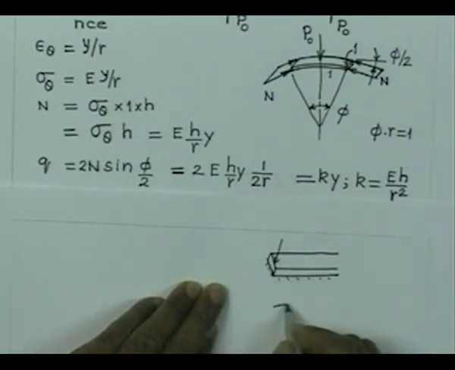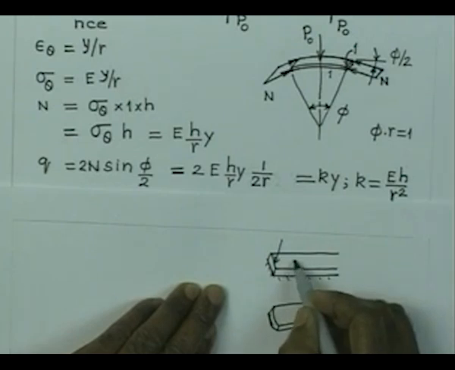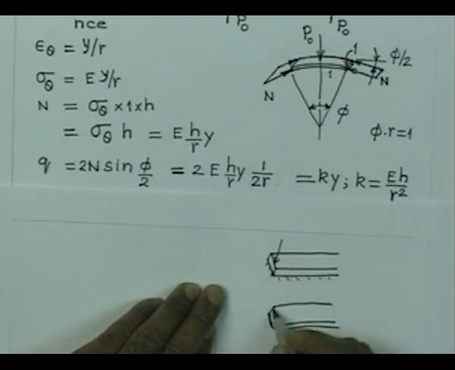If you look from this side, it will get bent, and there will be anticlastic curvature. It will become doubly curved, because of the compression there will be tension on the top and compression at the bottom, and because of that this anticlastic curvature will come.